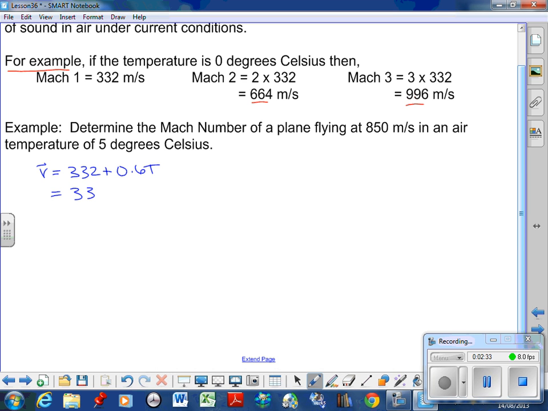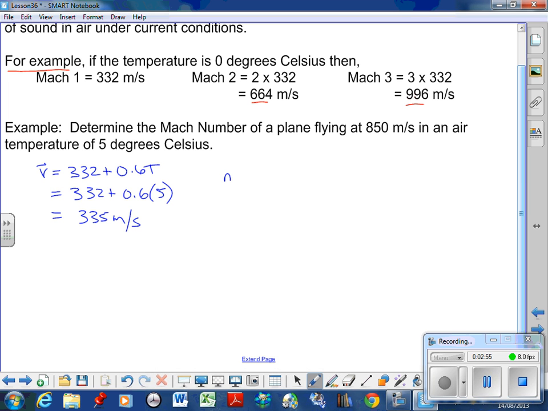So 332 plus 0.6 times 5. When you run that through your calculator, you end up with 335 meters per second. So that's what the speed of sound is.